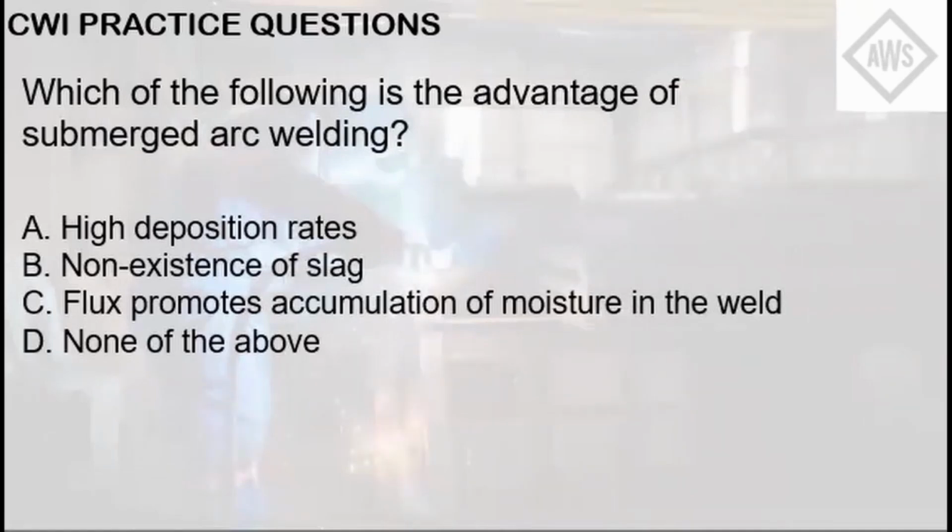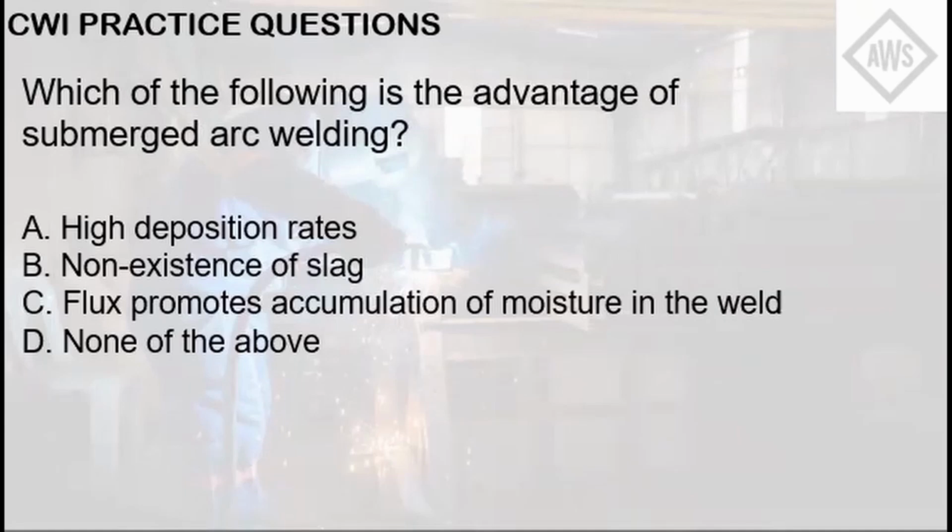Basically, you have slag in it, but you can remove it easily because it just covers the weld arc. It doesn't stick on the weld, unlike stick welding. Flux promotes accumulation of moisture, so that cannot be further from the truth.